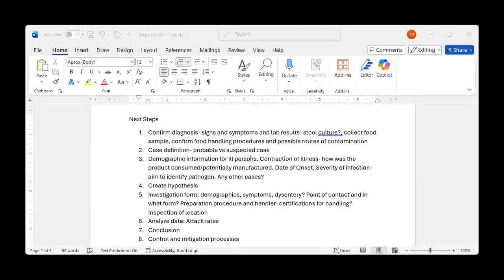And when we looked at symptoms, we wanted to look not only at the symptoms they developed, but the time that it took for them to develop those symptoms, because that would be important in determining which likely causative agent it was.